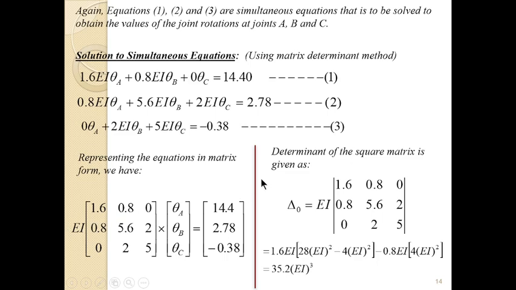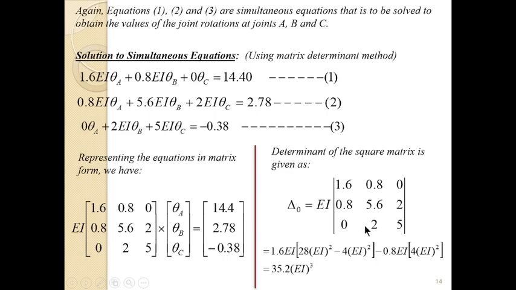we can now go to start finding the determinant. The first one is to find the determinant of the square matrix, which is this square matrix. We call it delta 0. Delta 0. And this is the matrix that we want to find the determinant of.